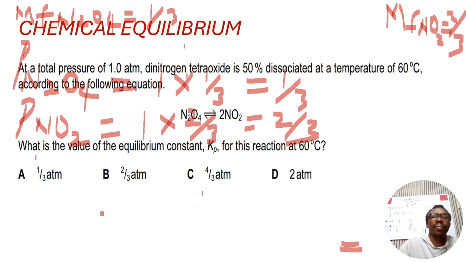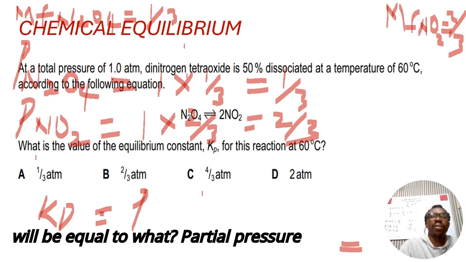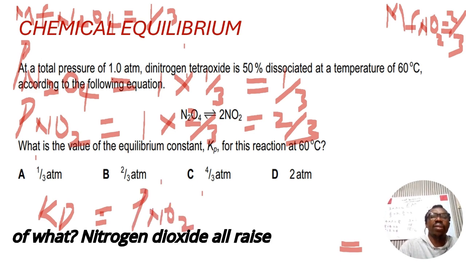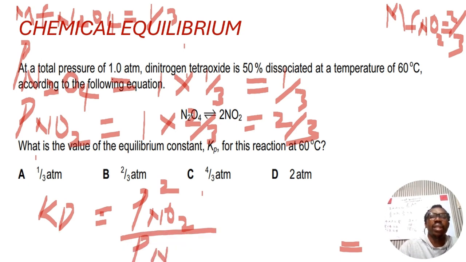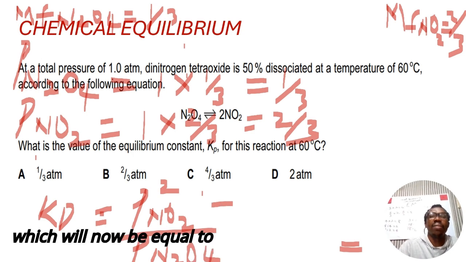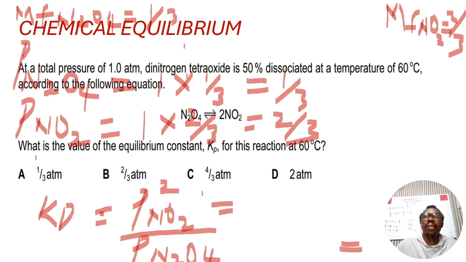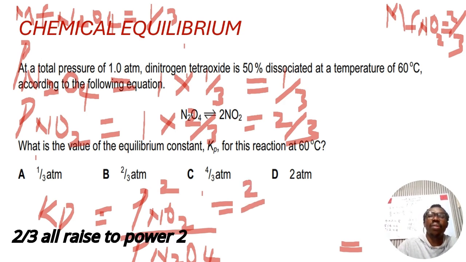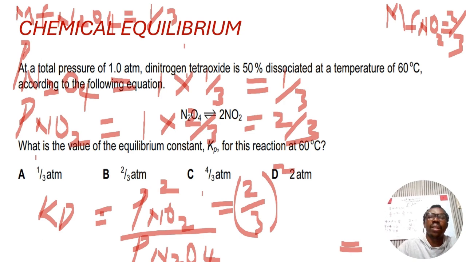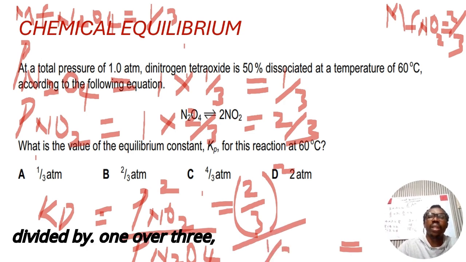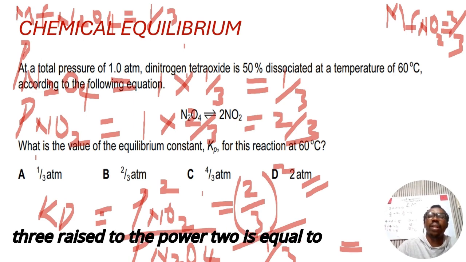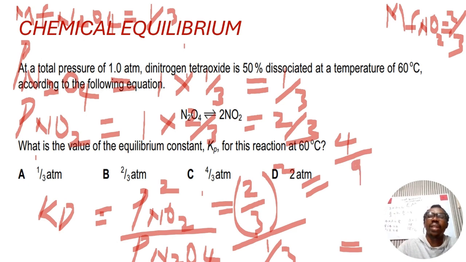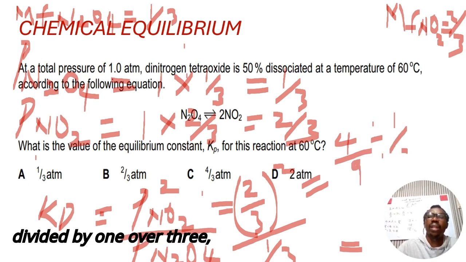So Kp will be equal to what? Partial pressure of nitrogen dioxide, all raised to power 2, divided by partial pressure of dinitrogen tetroxide, which will now be equal to 2/3, all raised to power 2, divided by 1/3, which is 4/9 divided by 1/3.